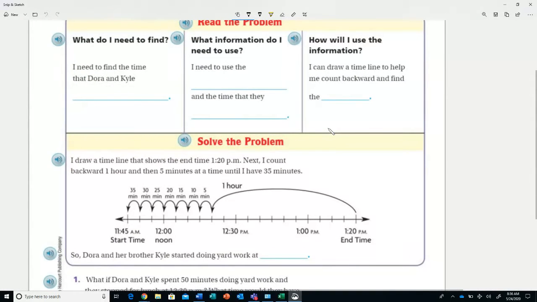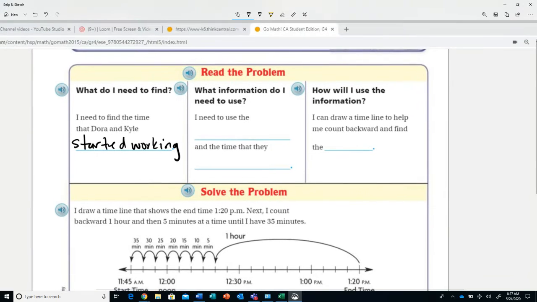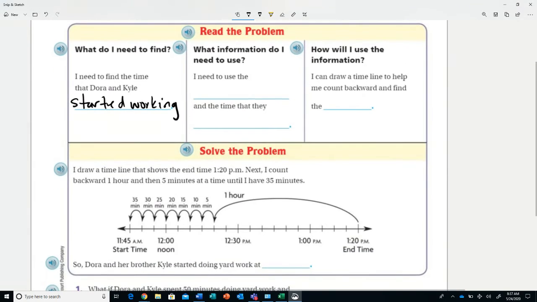All right, so what do we need to solve the problem? I need to find the time that Dora and Kyle started work. I need to use the total time they worked and the time they ended work.